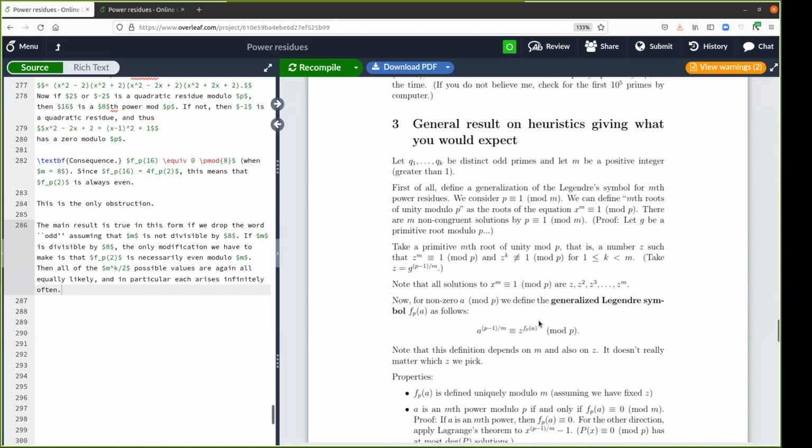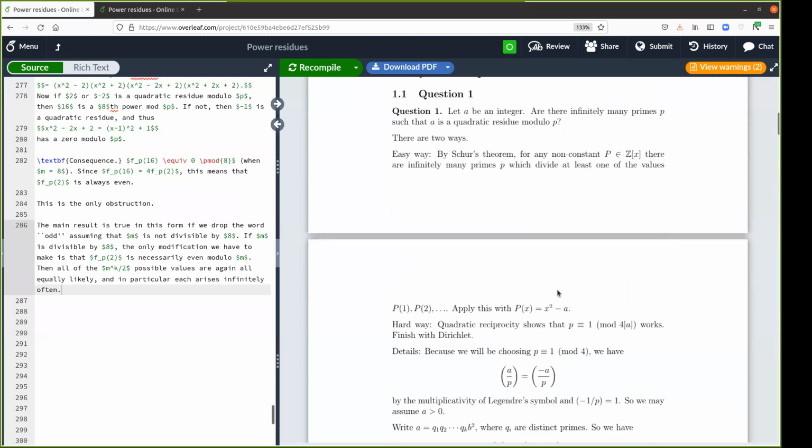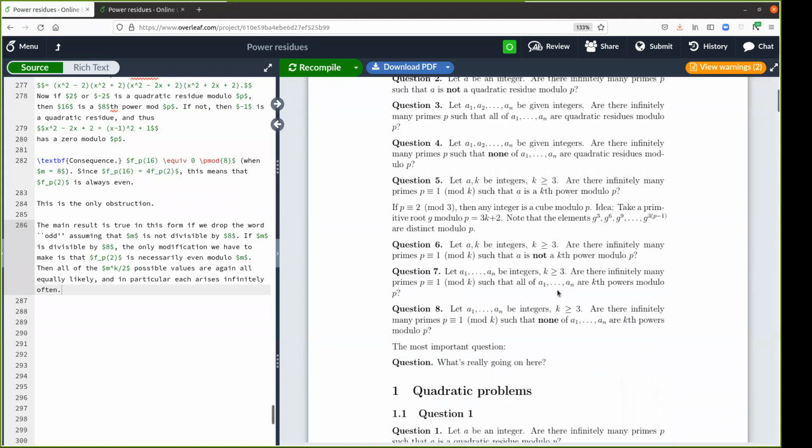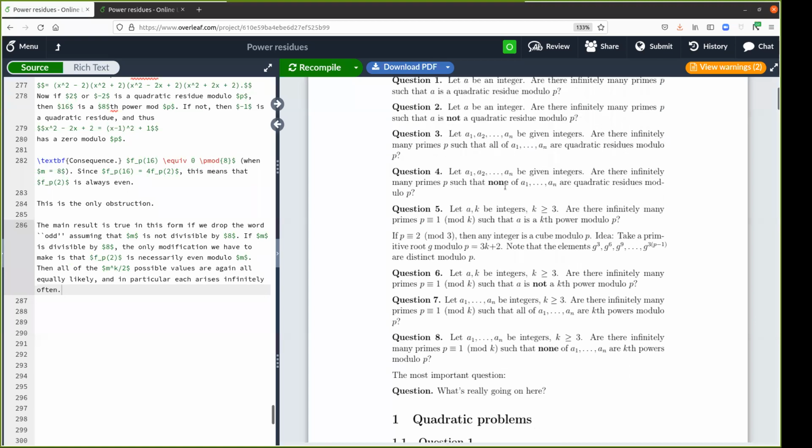And now if we go back to the start where we had these questions, 5, 6, 7, 8. Question 5, that's clear, right? We ask if a given integer is necessarily an mth power modulo p infinitely often when we take p equal to 1 modulo k.